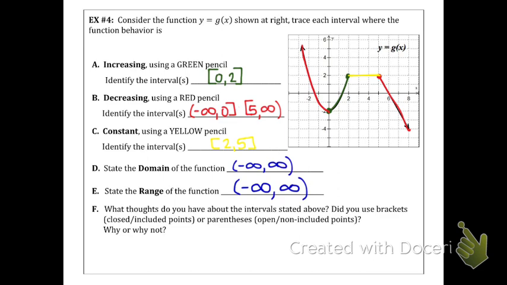All right, then part F says, what thoughts do you have about the intervals stated above? Did you use brackets, or closed or included points, or parentheses, open or non-included points? Why or why not?